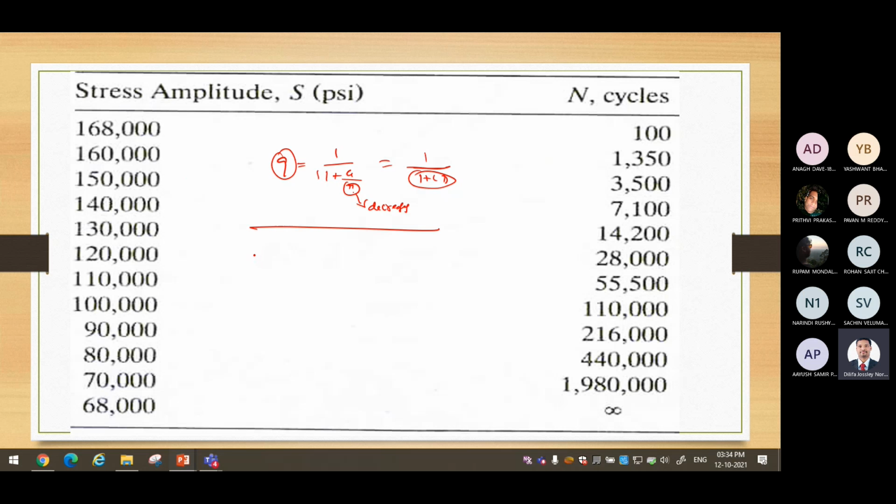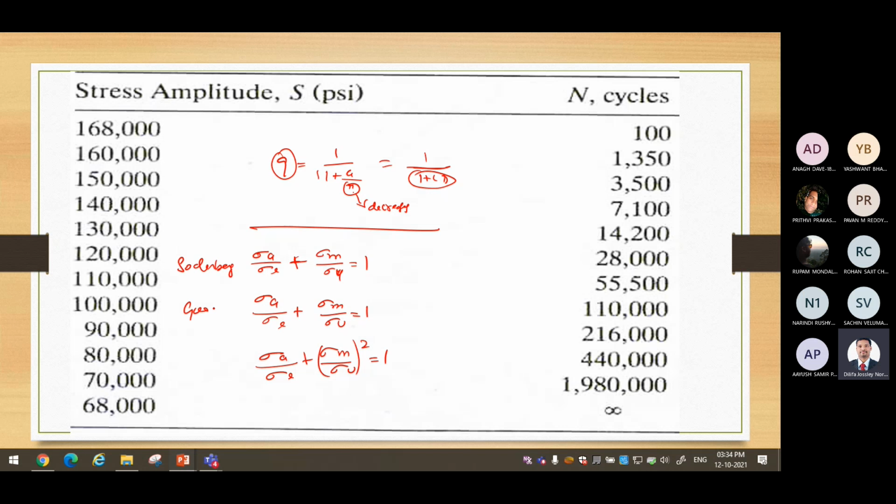I will write on this particular slide. You have the Soderberg criteria: sigma a by sigma e plus mean stress by the yield stress is equal to 1. Then the Goodman criteria: sigma a by sigma e plus mean stress by the ultimate is equal to 1. Then Gerber: sigma a by sigma e plus sigma m by sigma ultimate, whole squared, is equal to 1.